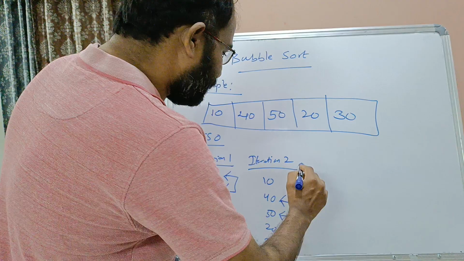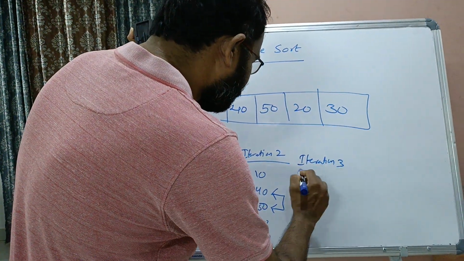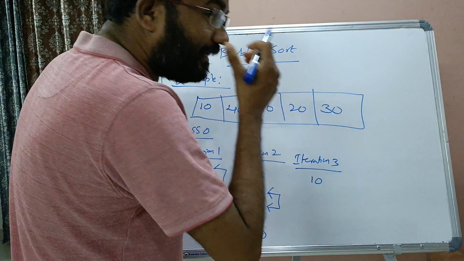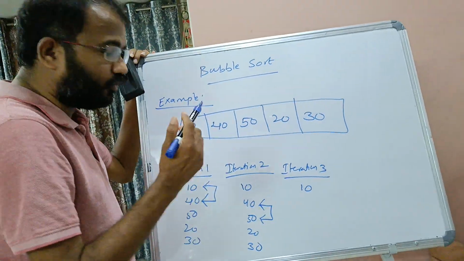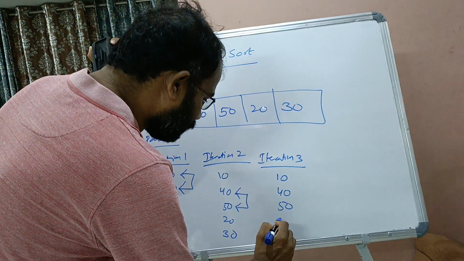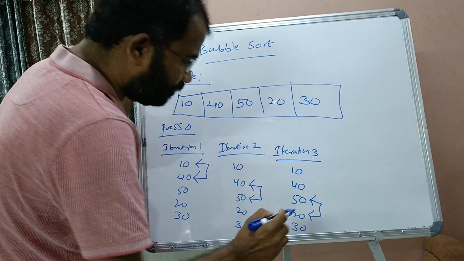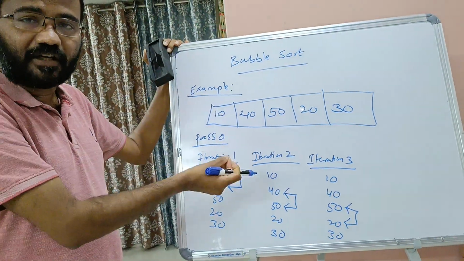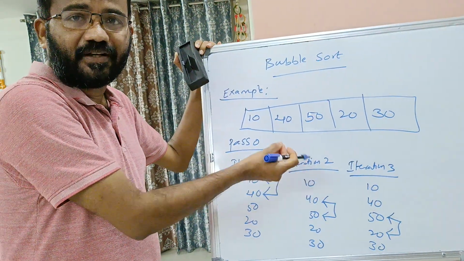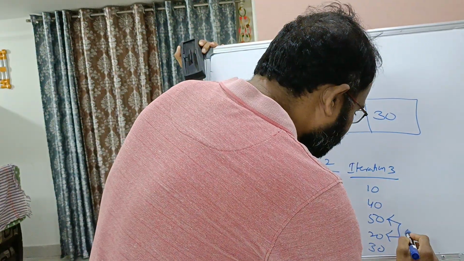Next, iteration 3: the third element and fourth element are compared, that means 50 and 20. Here 50 is higher than 20, so we need to swap.